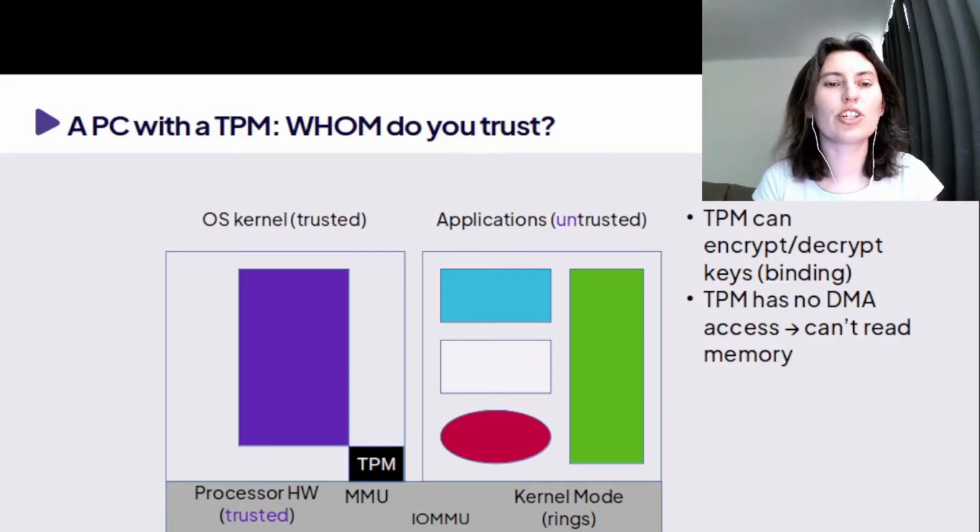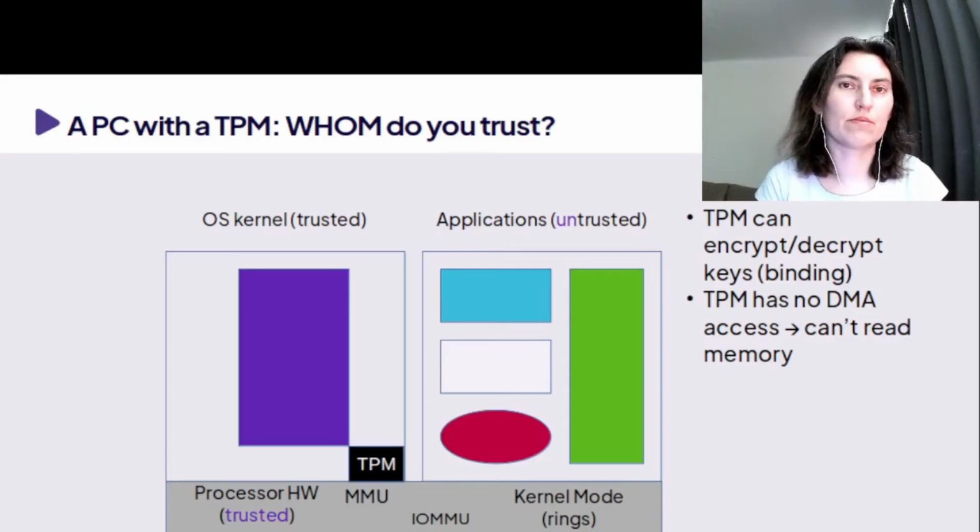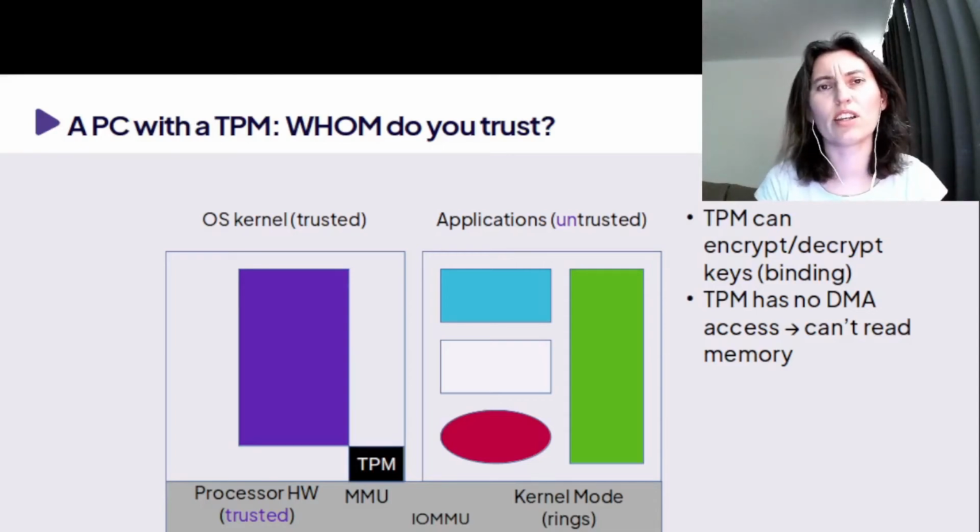It means that it cannot access memory on its own, so it cannot read the memory to verify it. It depends on the operating system and the drivers to feed it with data. It means, in my understanding, that the operating system needs to be trusted so that you can trust it to fill the TPM with the right data, or not just bypass things that it should be passing to the TPM.